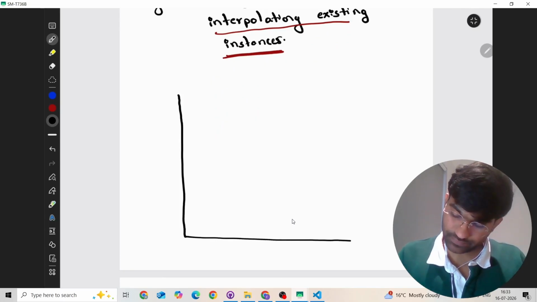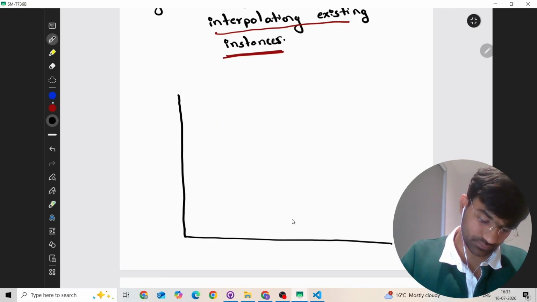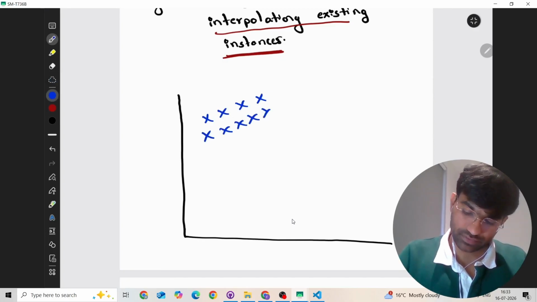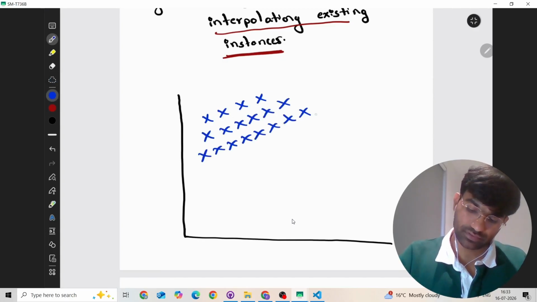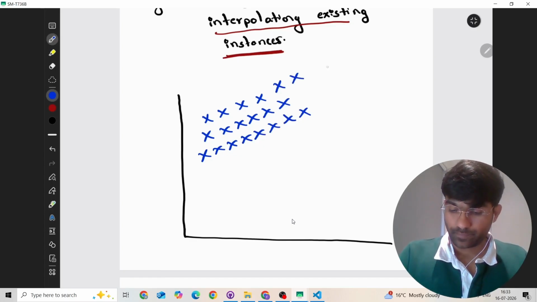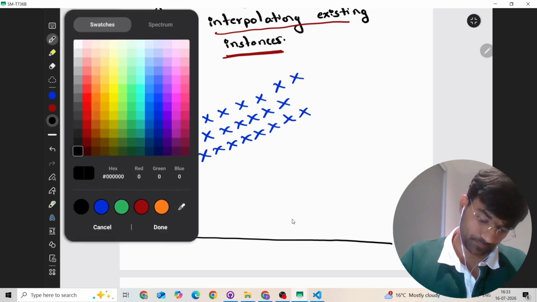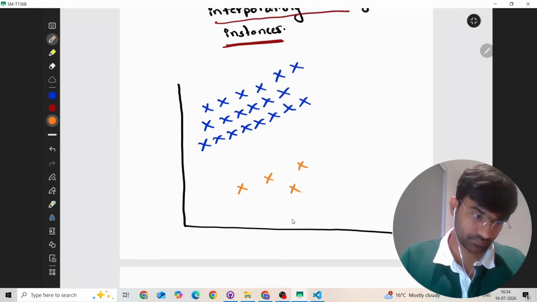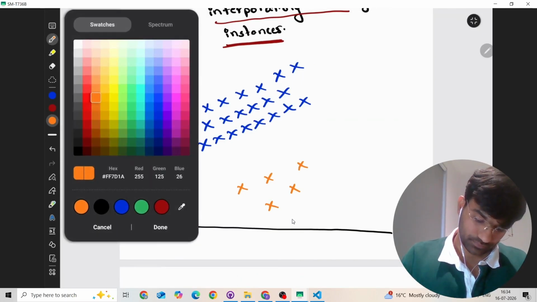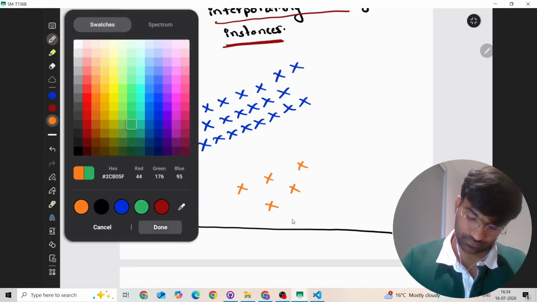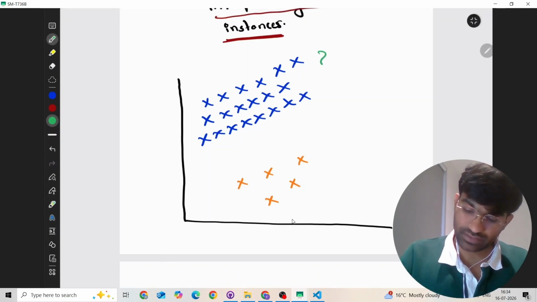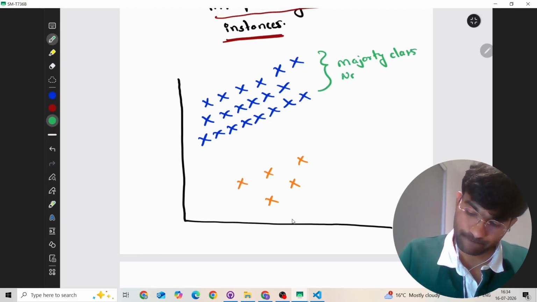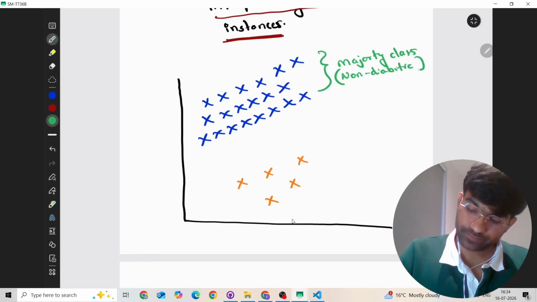I will show you something. This is the majority class, non-diabetic, 91.5%.